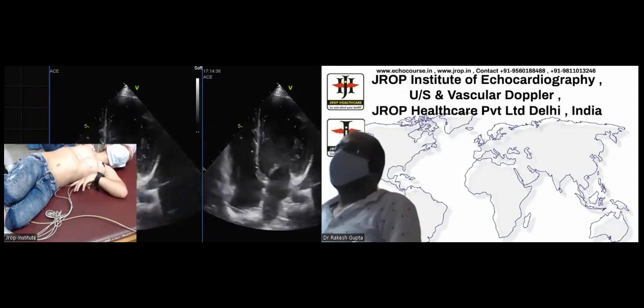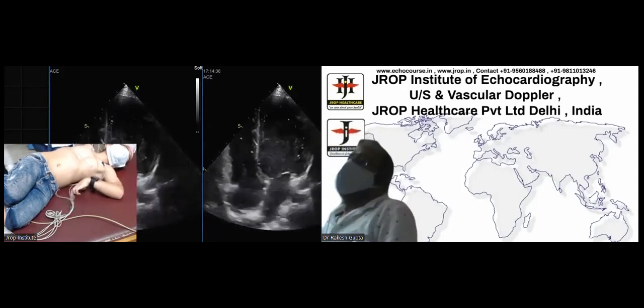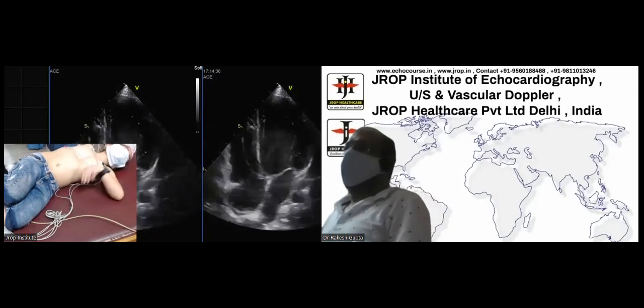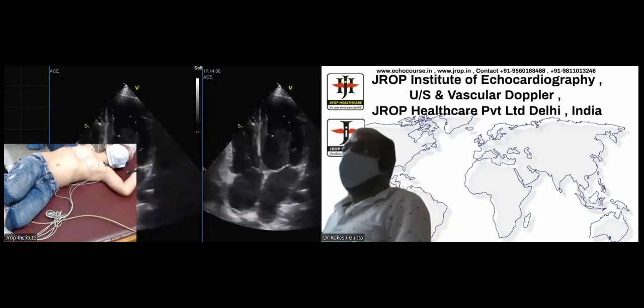And now see this structure very, very carefully. So you have got both the things: one is right atrium, one is left atrium.